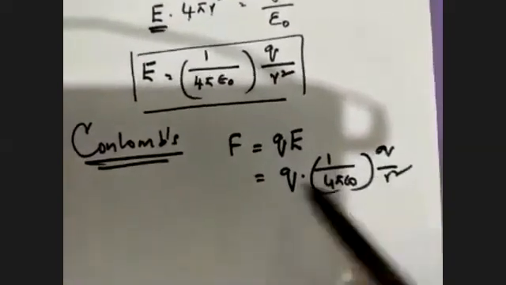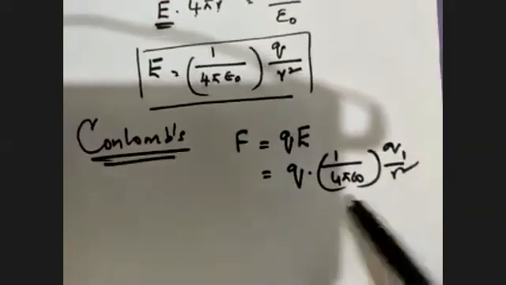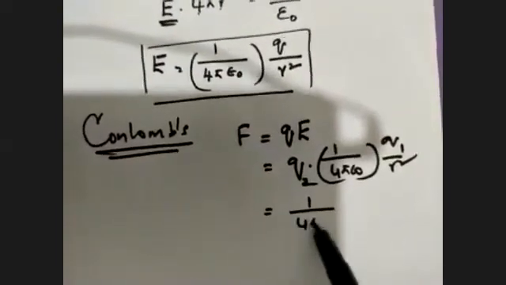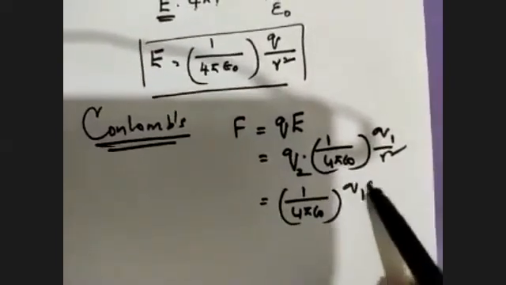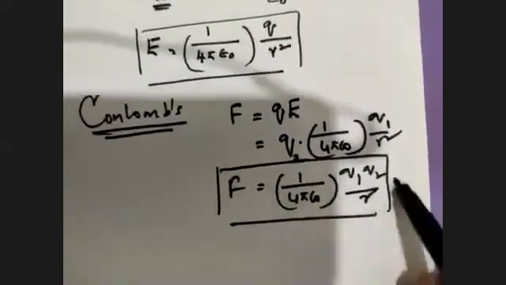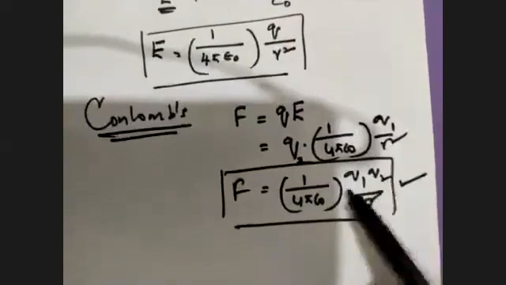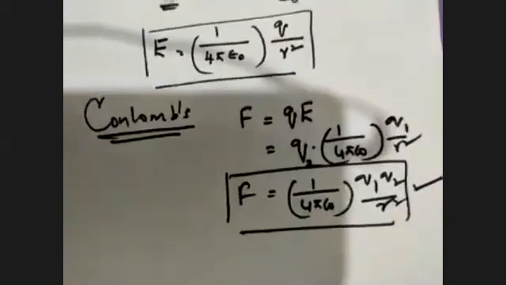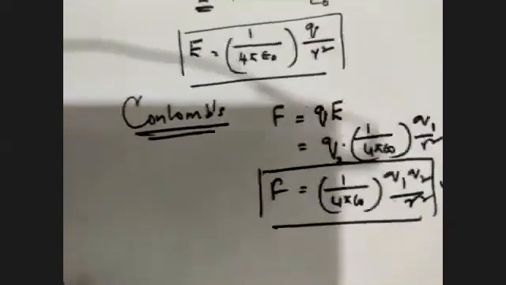If these charges are different, this may be Q1 and this may be Q2, and you will get 1 by 4 pi epsilon naught Q1 Q2 by R square. Here it is, your favorite Coulomb's law formula. If both charges are equal in magnitude, we'll write Q square by R square. This is Coulomb's law.